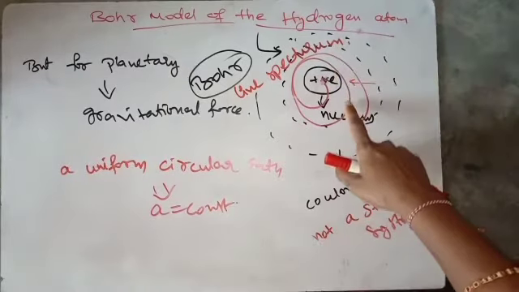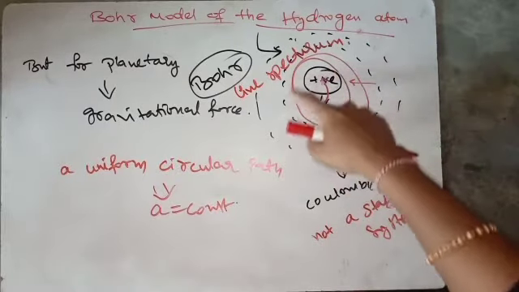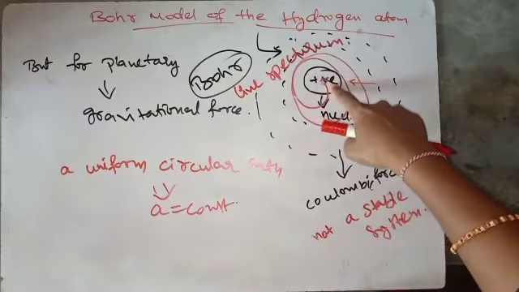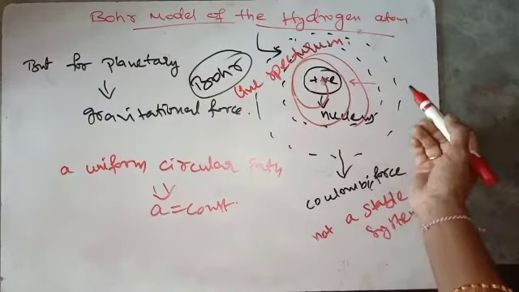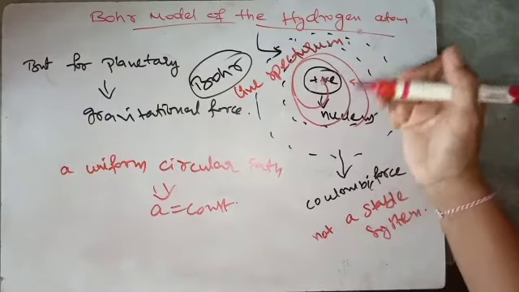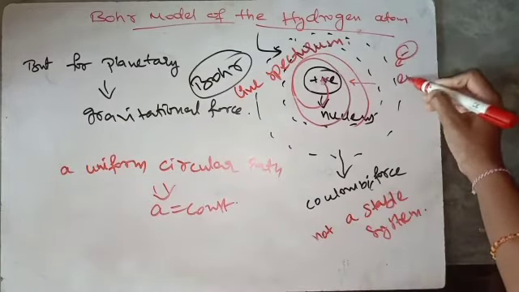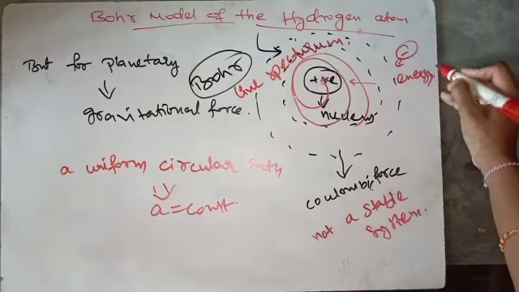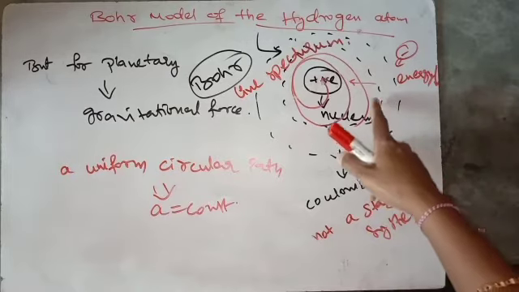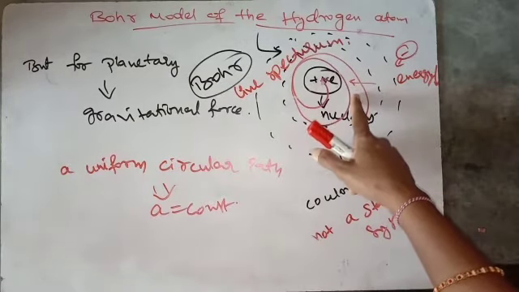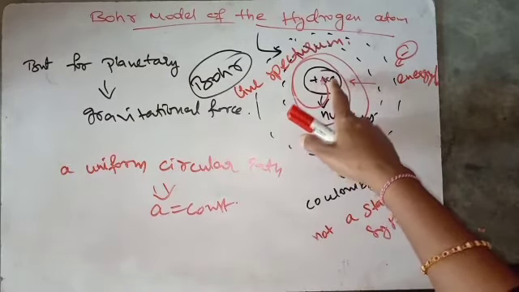But as the electrons spiral into the nucleus, what is happening? The energy of these electrons continuously decreases. So therefore this electron falls into the nucleus.